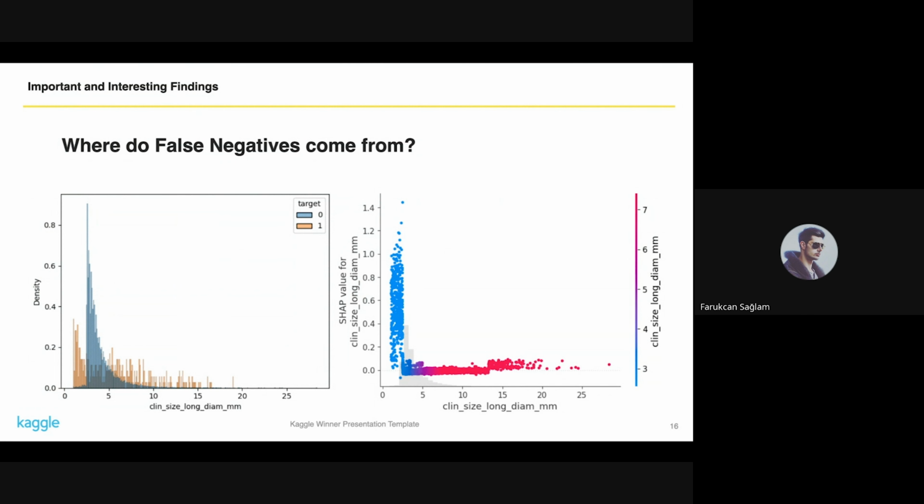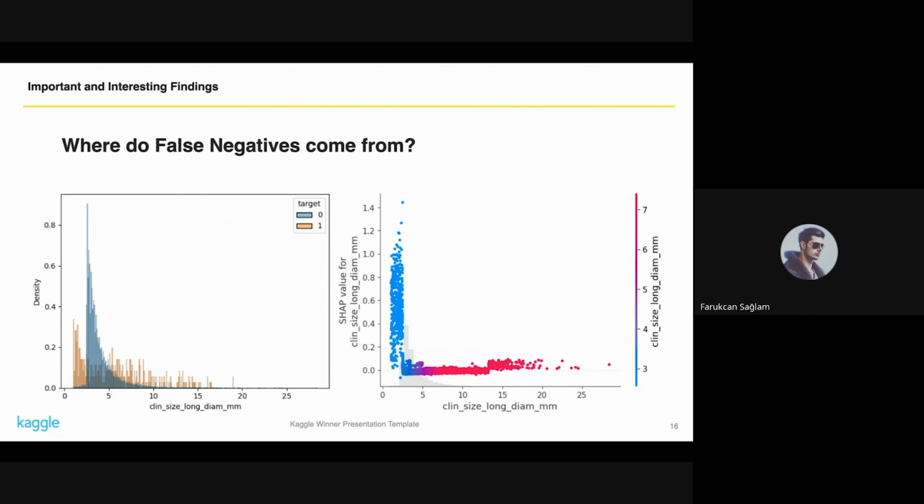As you can see from the figure, lesions smaller than 2.5 millimeter in diameter are mostly malignant and easy to classify. However, notice that non-malignant lesions peak at 2.5 millimeter. This narrow region is dominated by non-malignant lesions that are very similar in shape to malignant lesions. Therefore, it becomes difficult for the model to detect these malignant lesions.